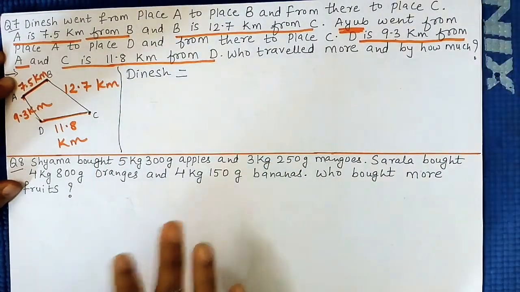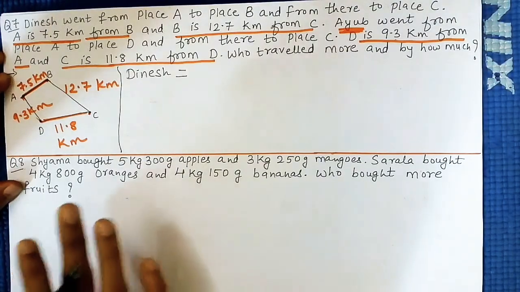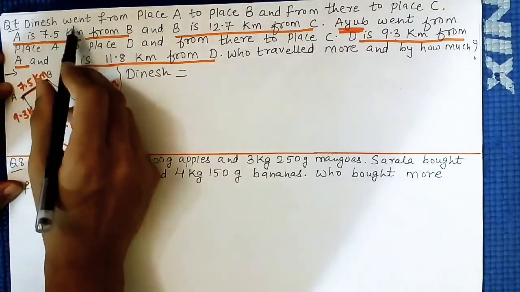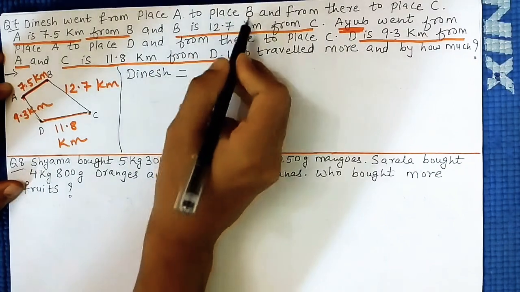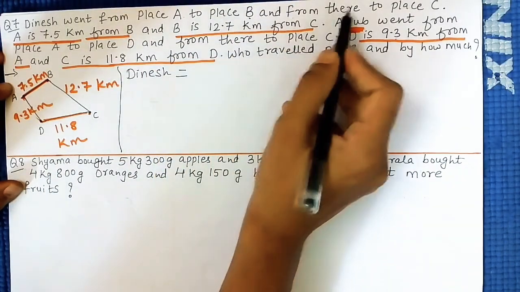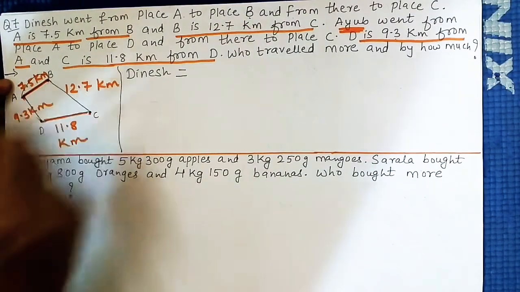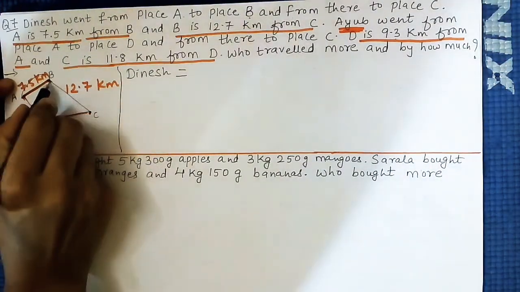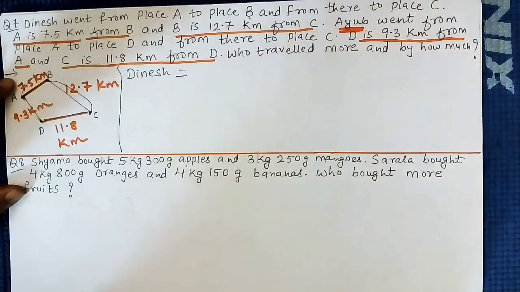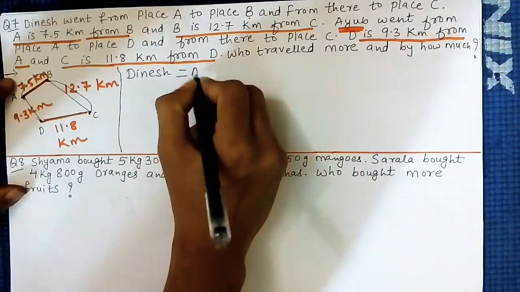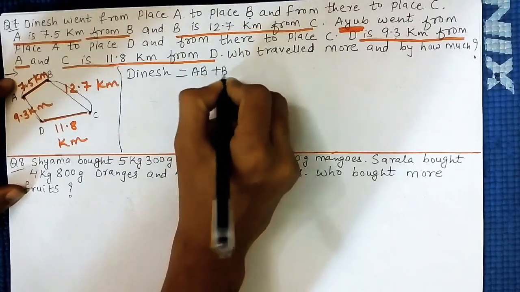Now Dinesh went from where to where, that we have to see first carefully. So Dinesh went from place A to B and from there to place C. So Dinesh went from A to B, okay, then from B to C. So this much part is travelled by Dinesh. So we will add AB plus BC.